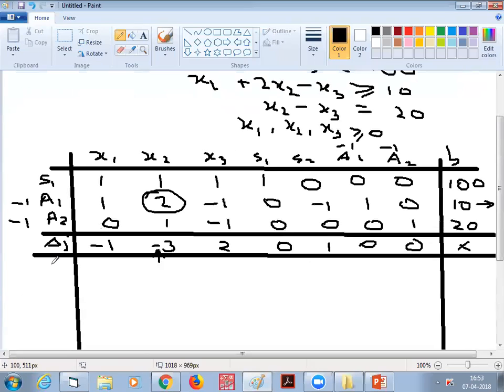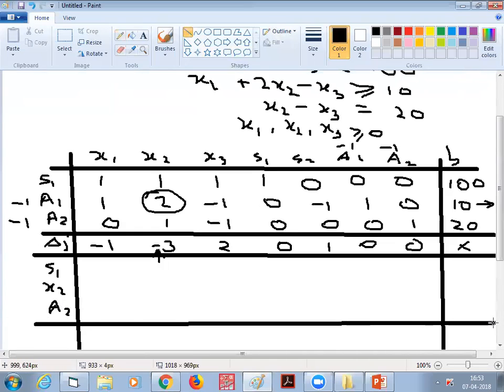Now we'll have S1, X2, and A2. So, have we reached phase 2 yet? No, because artificial variables are still basic. So divide the pivot row here by 2. And first thing is, we can forget about A1.